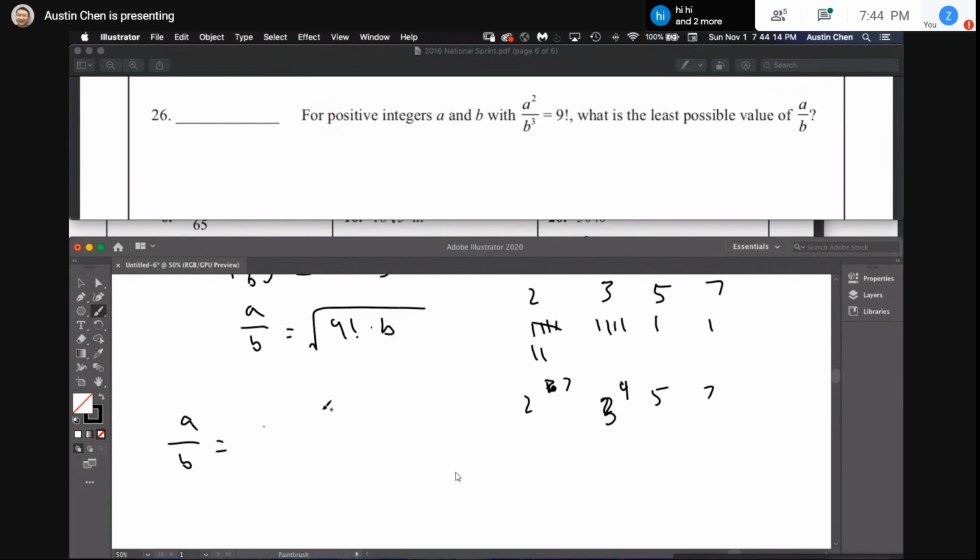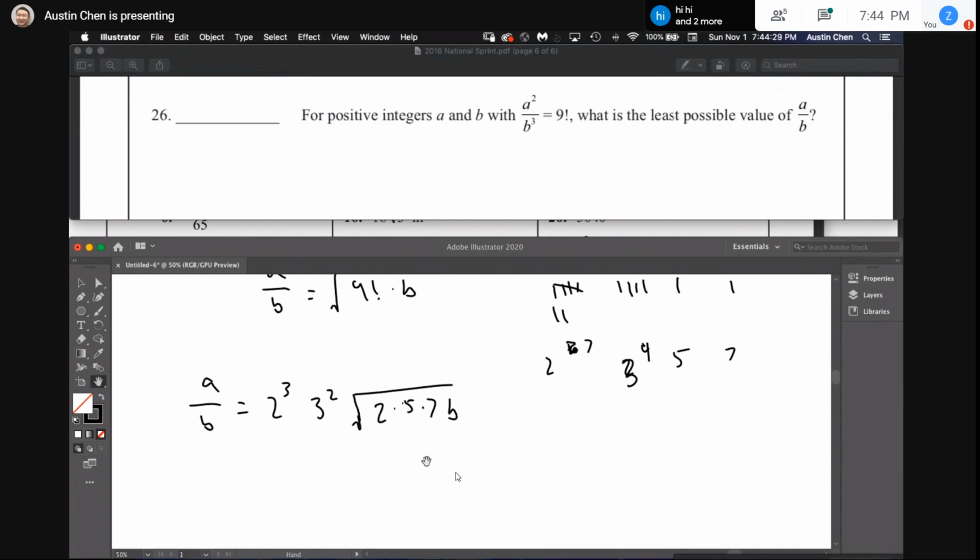We have 2 cubed times 3 squared, then the root of 2, 5, 7, b. What does this mean? Well, this means a has to have at least 2 cubed times 3 squared for this 2 cubed and 3 squared to come from.